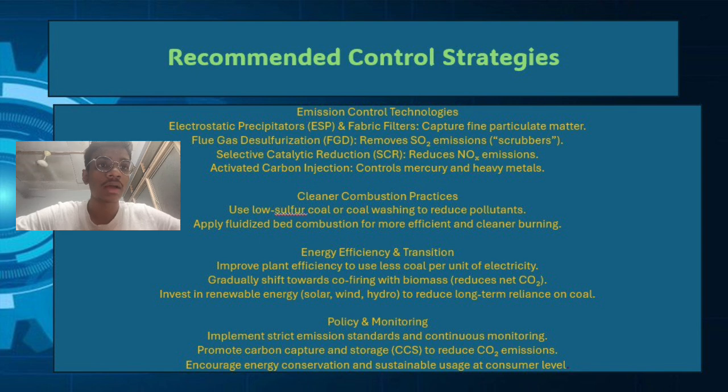As an environmental officer, we need to ensure that the industry does not only comply with the regulations but also adopt the strategies that protect public health and the environment while moving towards a low carbon future.